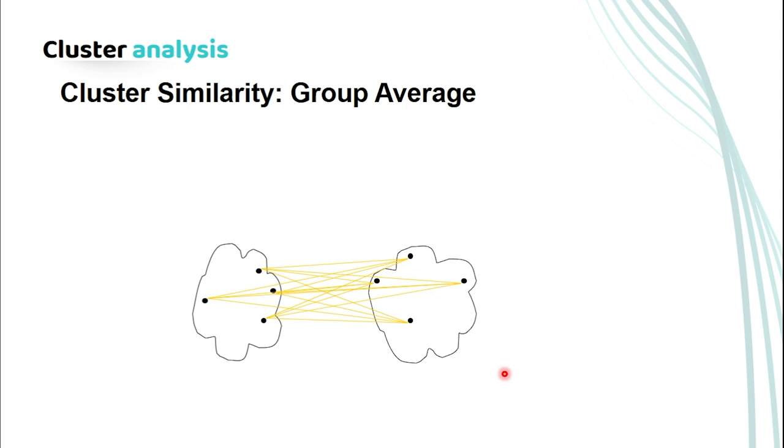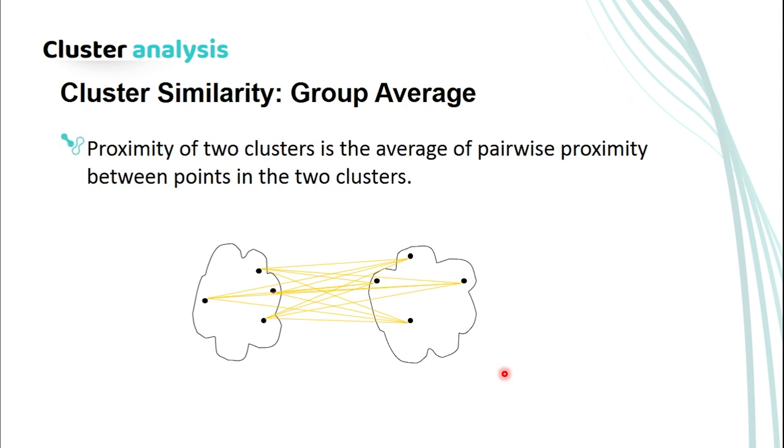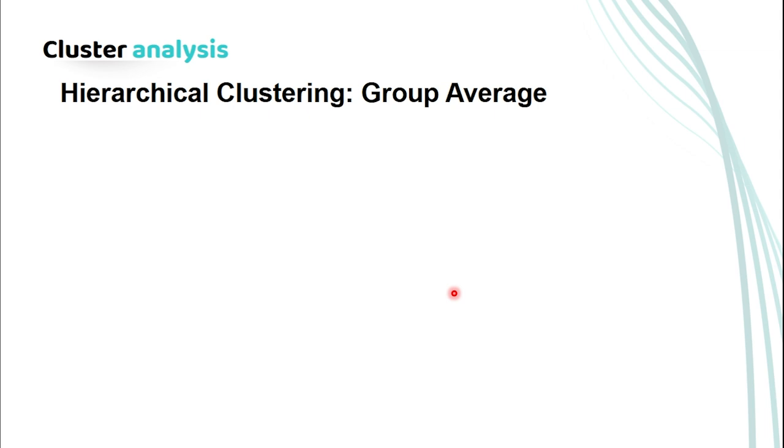Another method is to use group average to measure the cluster similarity. The proximity of two clusters is the average of pairwise proximity between points in the two clusters. So we calculate all pairs and take the average between the clusters.